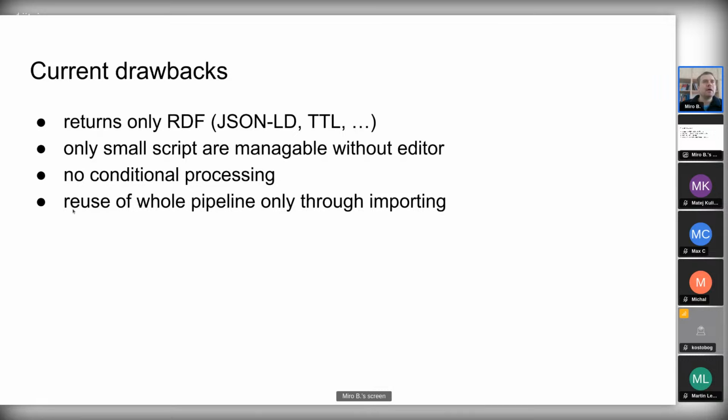And the other thing is that you cannot reuse a whole pipeline only by referencing it. You have to include it, so you have to build a bigger pipeline that contains this other pipeline. So if you need to reuse many pipelines, the scripts become very big.